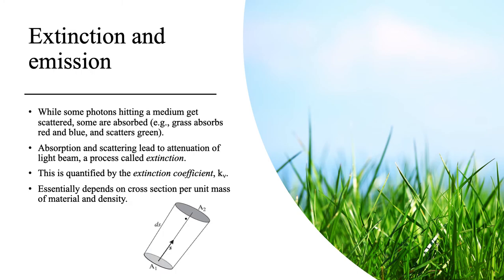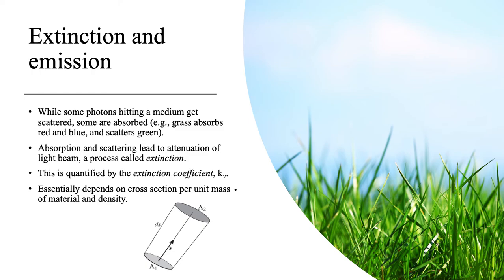Some of these will be eventually scattered, some of these will be absorbed. The extinction coefficient is a number that quantifies essentially the fraction of photons that come in from A1 and will not make it through A2. And it gives you an idea of the attenuation of the beam as it goes through a medium.